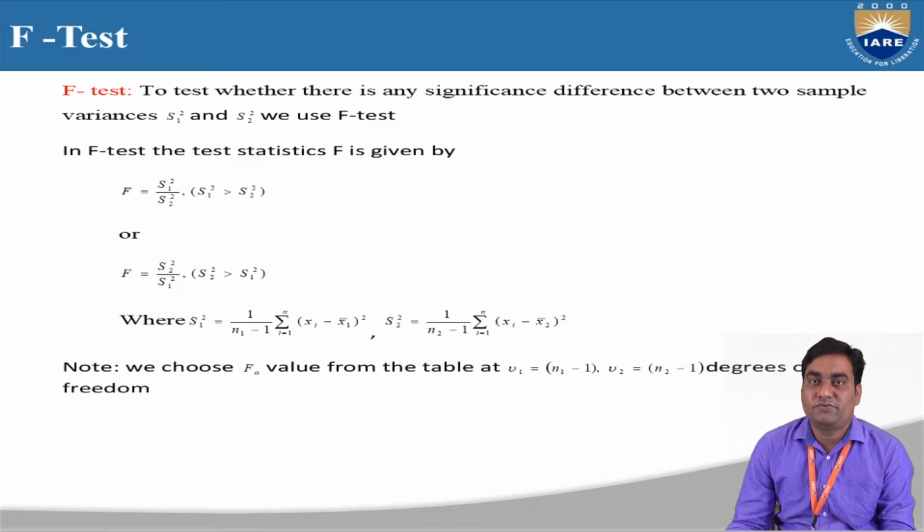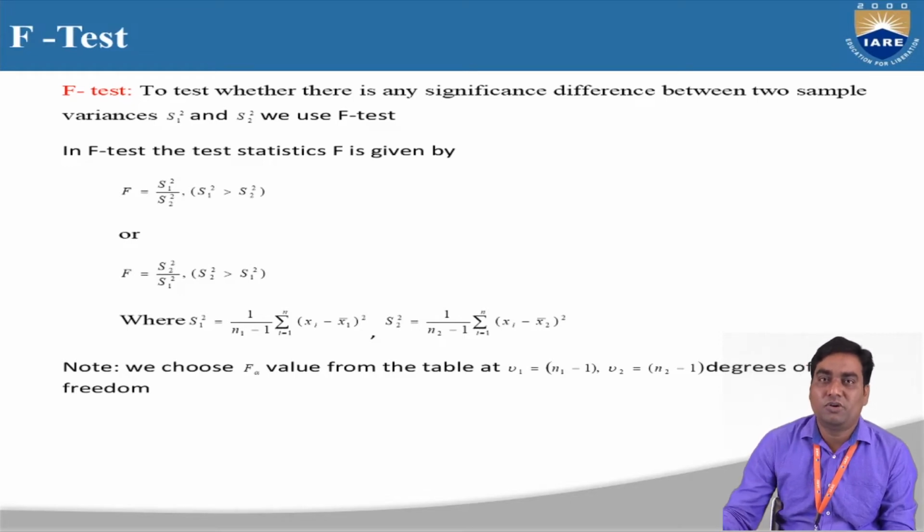Similarly, the t-test for difference of means is used when the problem consists of two samples, and we tested whether there is any significant difference between the means of the samples. Now, coming to the F-test, here also we are going to take two samples.